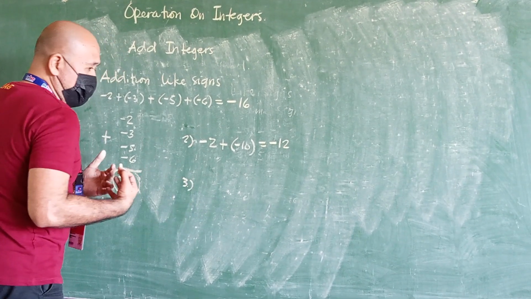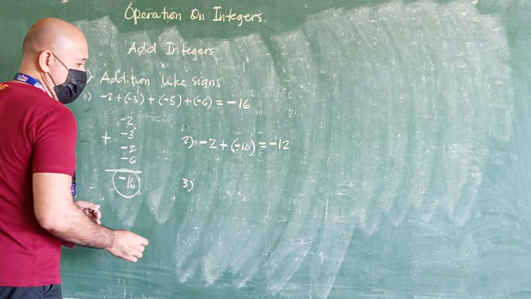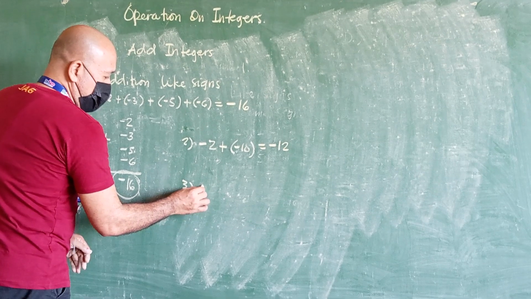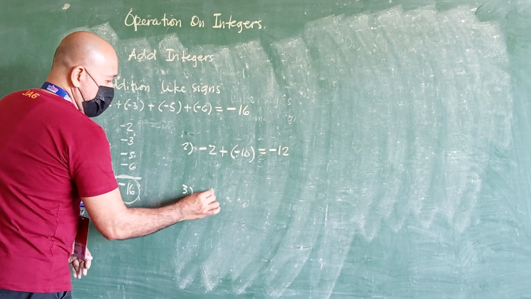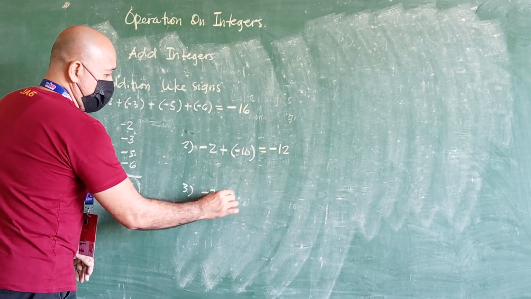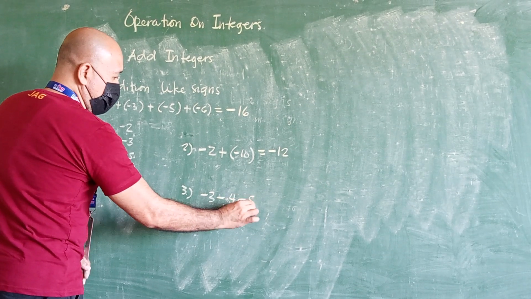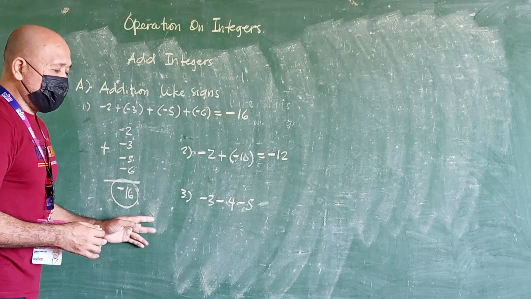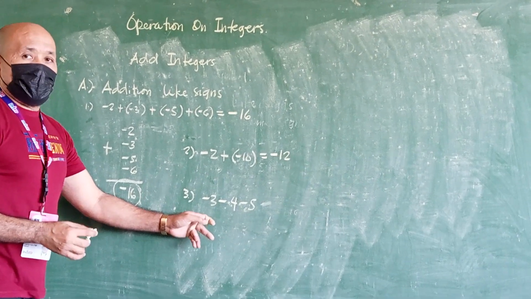Usually when you're dealing with classroom discussions with your teacher, you may encounter negative 3 minus 4 minus 5. Sometimes if you don't have this mastery, it will be very confusing.